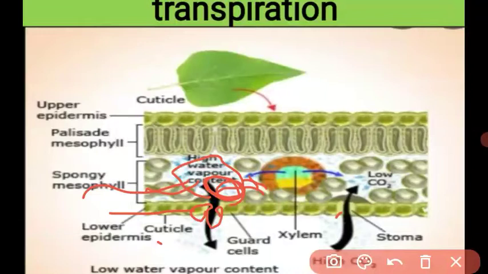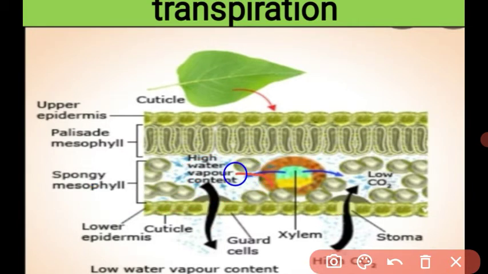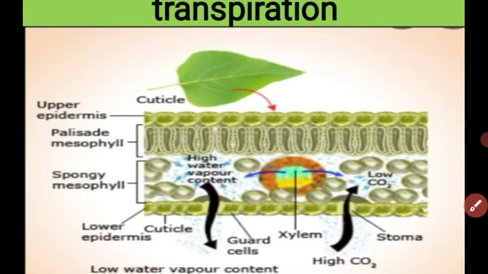By the process of diffusion, in which the movement of any molecule, whether gas, liquid or vapor, is from higher concentration to lower concentration, the water is transferred from the substomatal space to the atmosphere through the stomata. This is called stomatal transpiration.